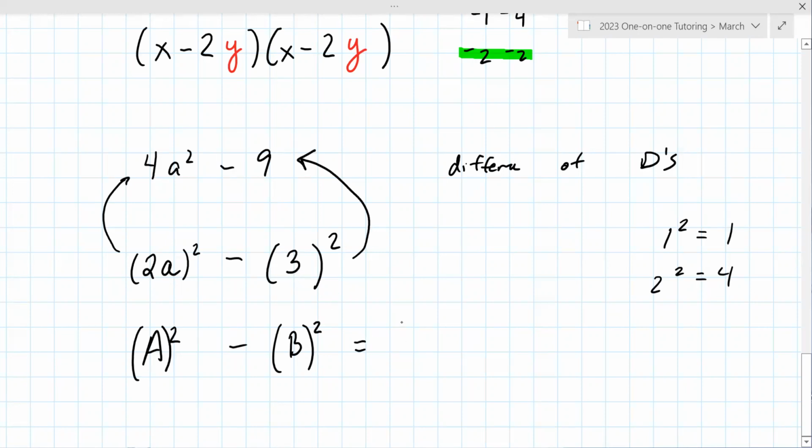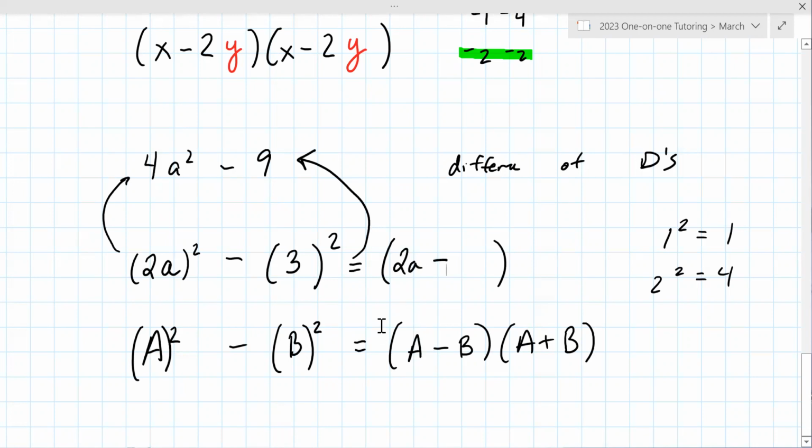So this has the following form: a minus b, a plus b. In your problem, big A represents 2a, so instead of big A, you're going to write 2a. Instead of b, you're going to write 3.